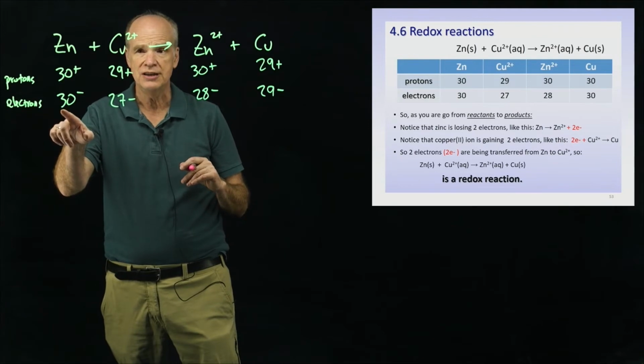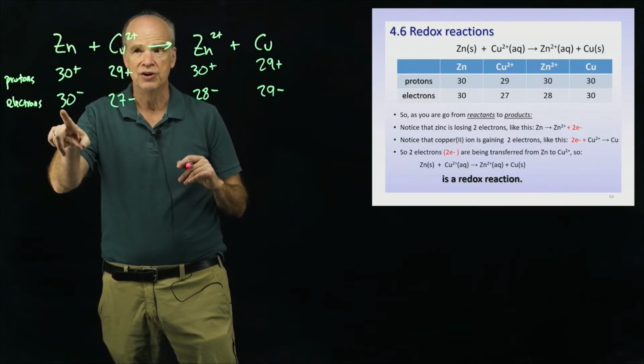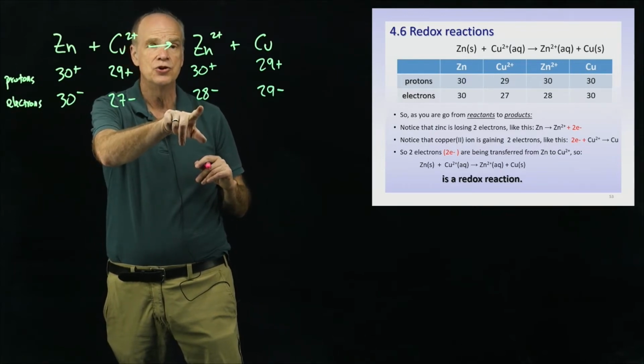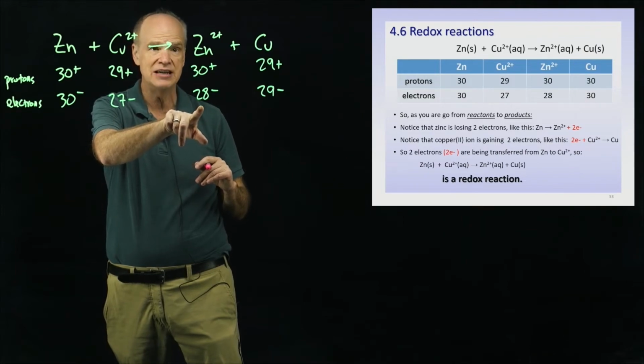So if you look at the reactant side, you can see that you're starting out with 30 electrons. But when you're going to the product side, you're down to 28 electrons. So it looks like zinc is losing 2 electrons as you go from reactants to products. Now, where are those 2 electrons going?